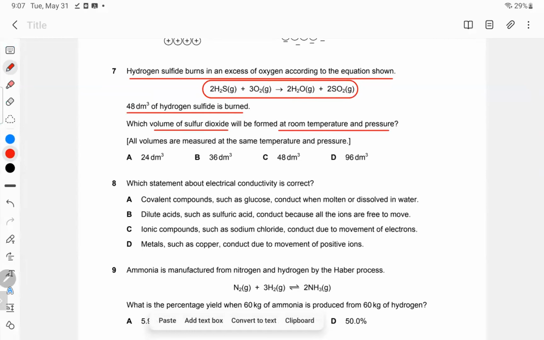It is the easiest question because if you look at the hydrogen sulfide, the moles of hydrogen sulfide and the moles of sulfur dioxide are the same.